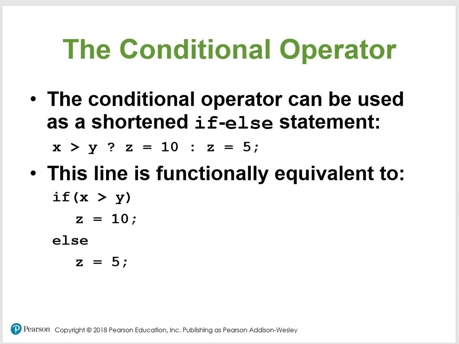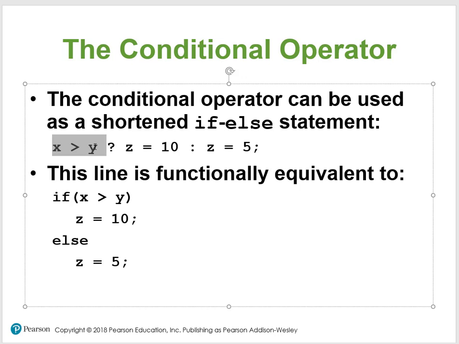Here's what this looks like. If this is the condition, x is greater than y, and it's true, you enter the true part, which is this part right here. If it's false, think of this as the else, and this becomes the false part.